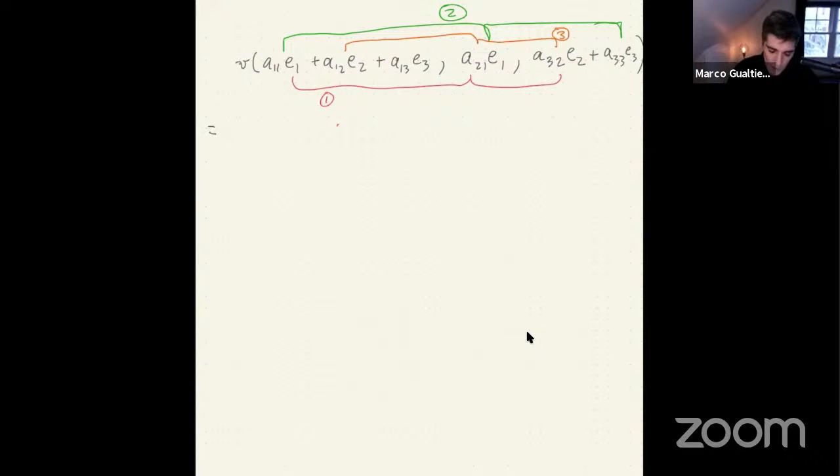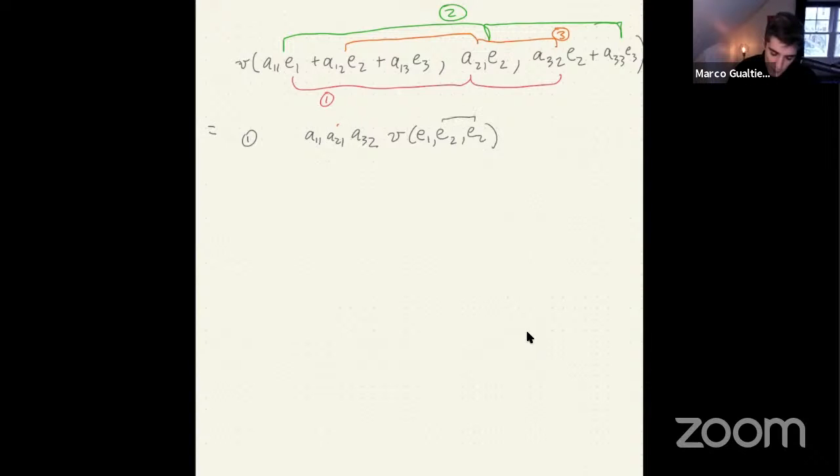There's going to be many terms. So let's just write the first term. A11 comes out, A21 comes out, and A32 comes out. And then I have V of E1, E1. Oh, I'm sorry, I wanted this to be E2. E1, E2, E2. That's the first term.